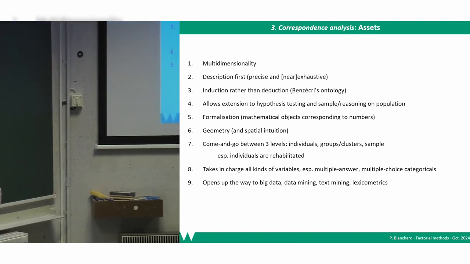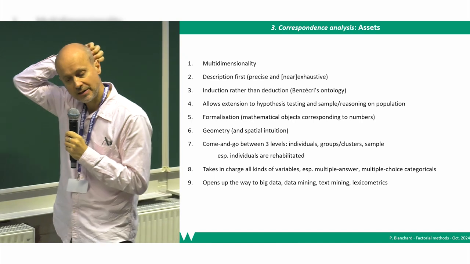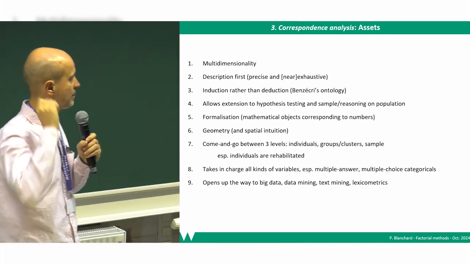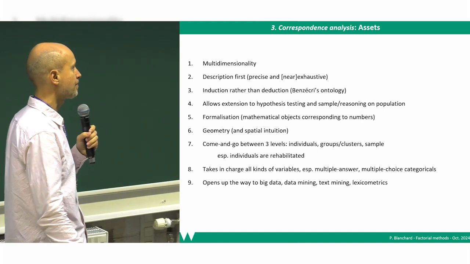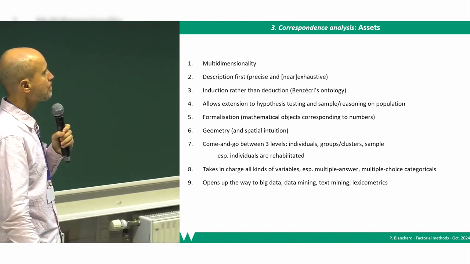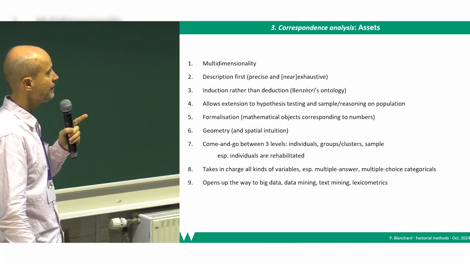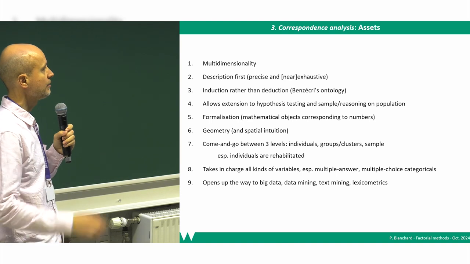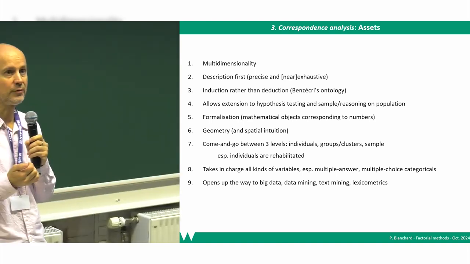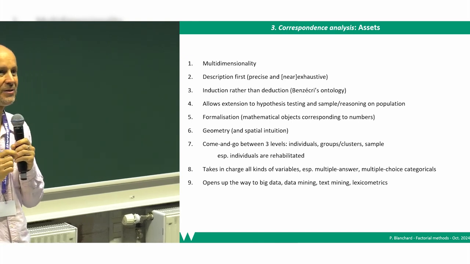So that rehabilitates individuals, which are pretty much ignored in regression analysis, except for excluding some of them, the famous outliers or too heavily contributing individuals. The difference with factor analysis is mainly here. We can take all kinds of variables, including categorical, and that's powerful. Again, factor analysis was strictly continuous, which is a limitation.